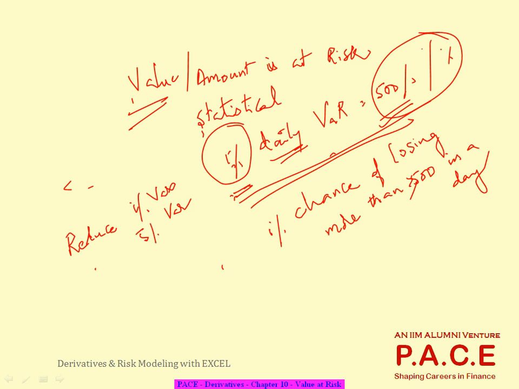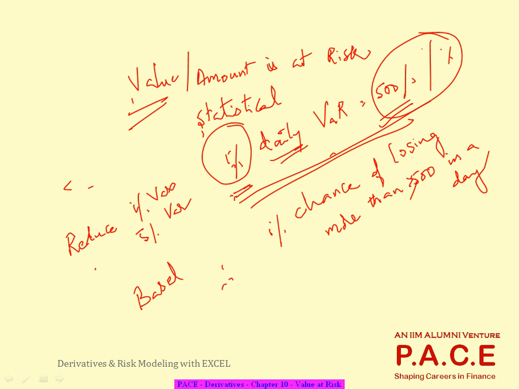And in some cases, some regulations, like Basel, which is exclusively the set of regulations for the financial services industry, they also have specified what should be the VAR, and based on the VAR, how much capital they need to set aside.